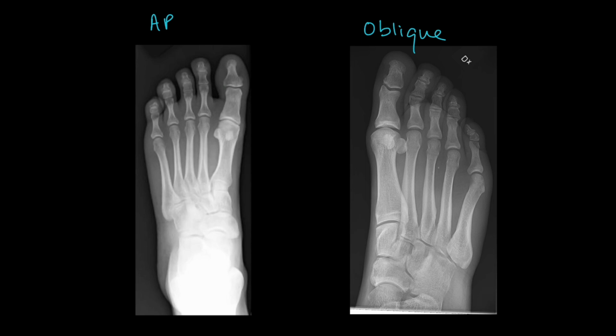Looking at the bony borders again, we will trace them for all of the bones, moving through our phalanges, our metatarsals, our cuneiforms, our medial, intermediate, lateral cuneiforms, our navicular, cuboid, talus, and our calcaneus.